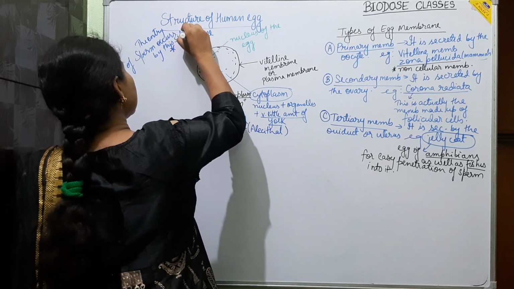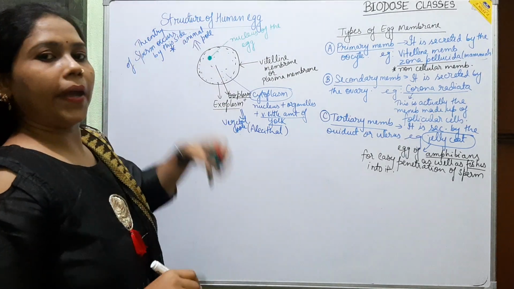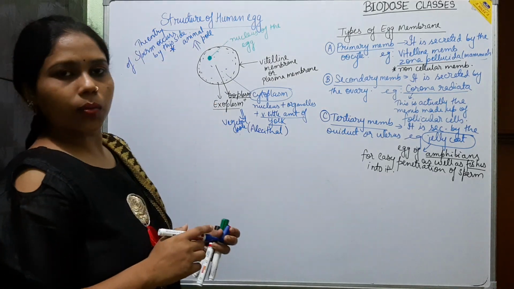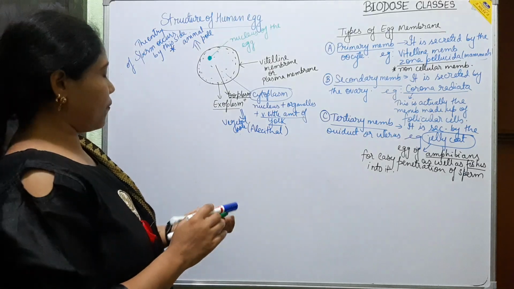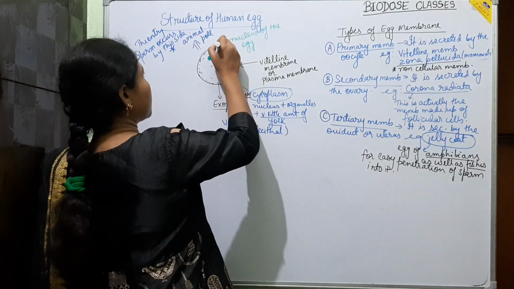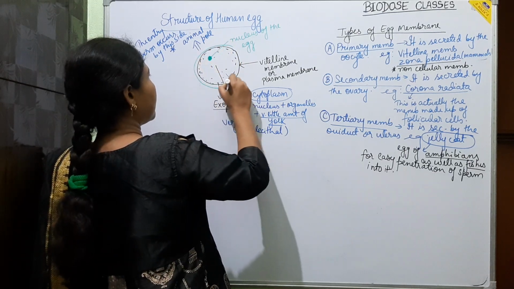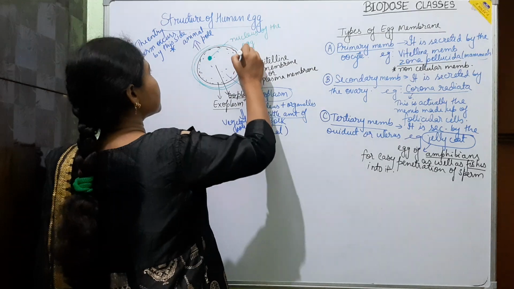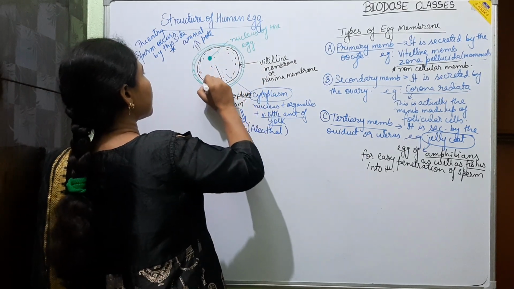The sperm penetrates or invades the egg from the animal pole. Clear? Above this vitelline membrane, there is another membrane, and that membrane is non-cellular in nature.